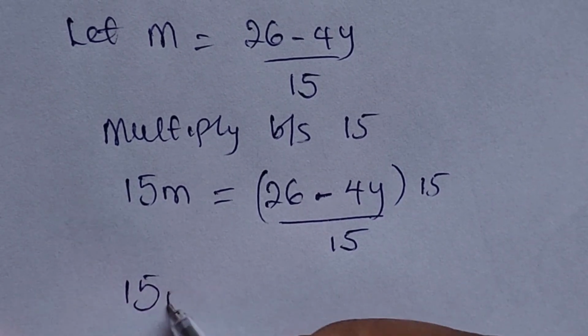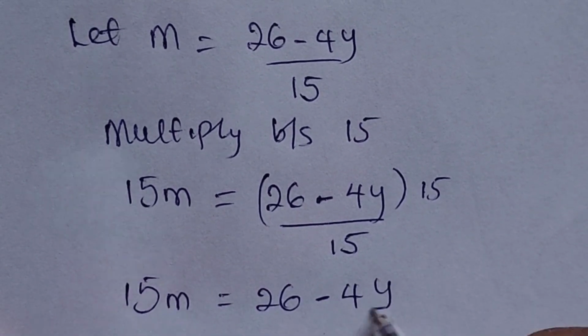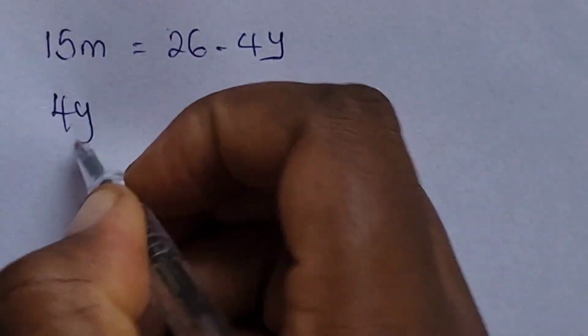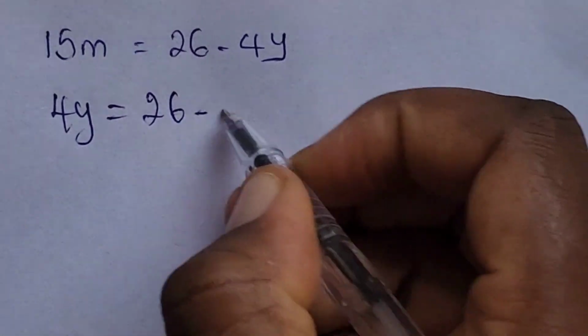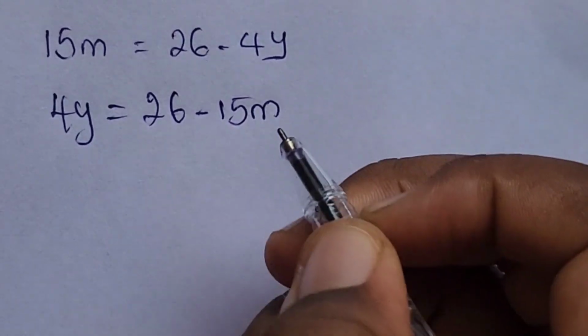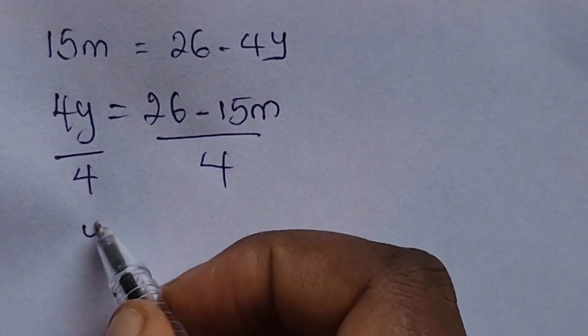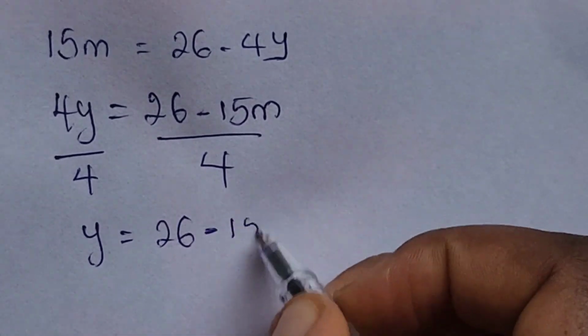So our 15m is equal to 26 minus 4y. When we make 4y the subject of the formula, we have that 4y is equal to 26 minus 15m. So when we divide both sides by 4, we have that y is equal to 26 minus 15m all over 4.